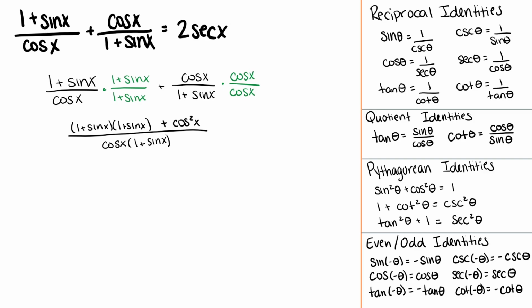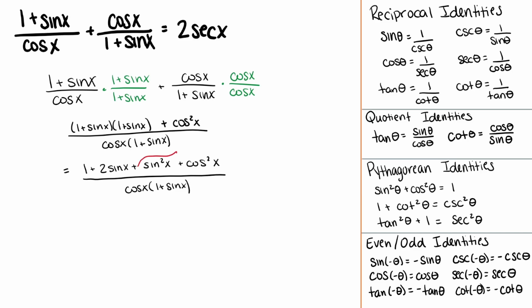If we FOIL our 1 plus sine x times 1 plus sine x, we'll get 1 plus 2 sine x plus sine squared x plus cosine squared x, all over cosine x times 1 plus sine x.